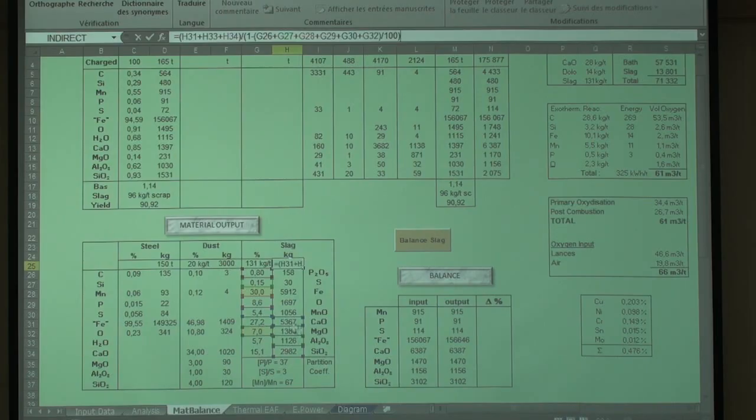Because these weights, why the MnO is not contained? No, but we take this content. You have 26, 27, 28. 26, 27. This is 25, yeah? 26, 27, 28.